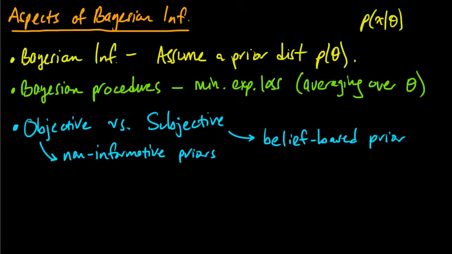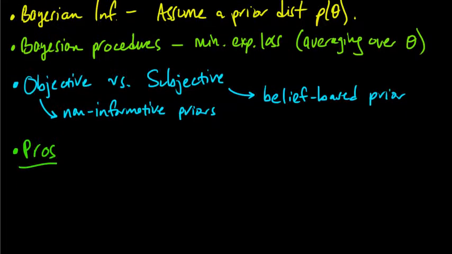So let's talk about some pros and cons, some advantages and disadvantages of Bayesian approaches. So pros: first, one really appealing thing about a Bayesian approach is that you can directly answer the questions that you're interested in.